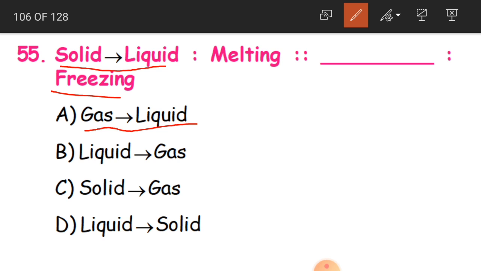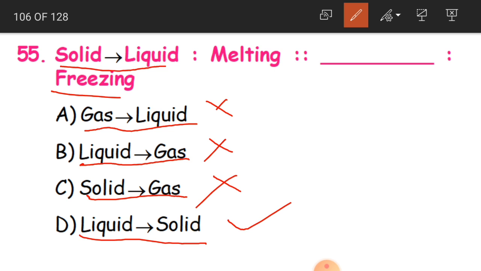Is gas going to change to liquid by freezing? No. Liquid to gas? No. Solid to gas? No. Liquid to solid? Yes. When you keep any liquid at freezing point, then it is going to change into solid. The best example is water changing into ice when you keep it in the freezer in your fridge. Clear, children? Yes. Now, the 56th question.